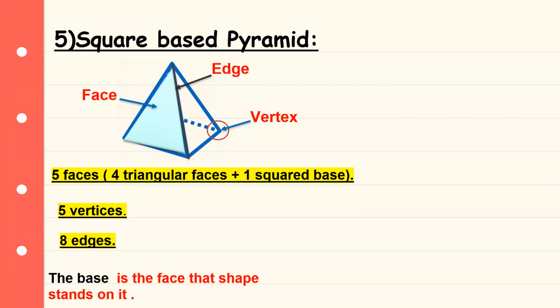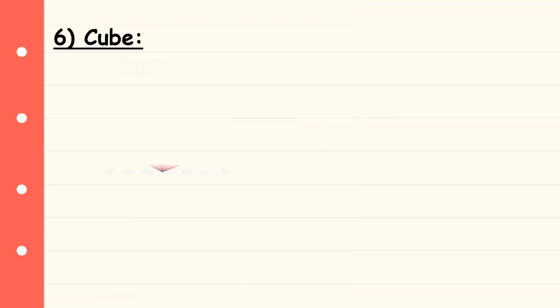We know that the base is the face that the shape stands on. It also has 5 vertices. What is a vertex? It is the corner where edges meet. So how many edges? 8 edges. What is an edge? It is the line where faces meet.